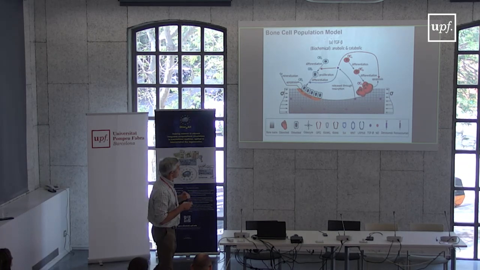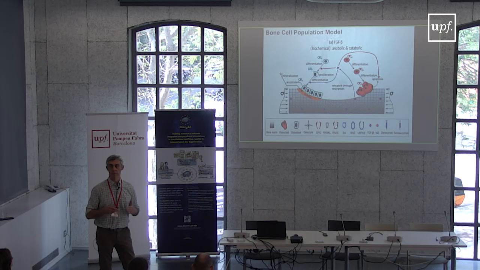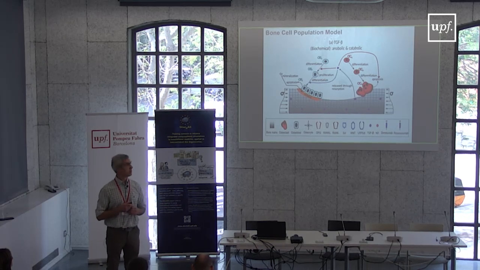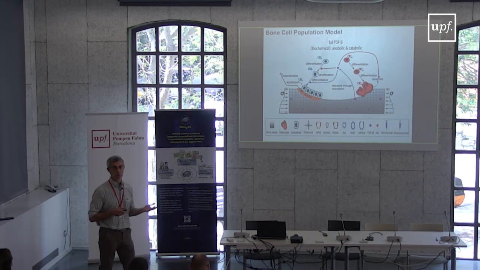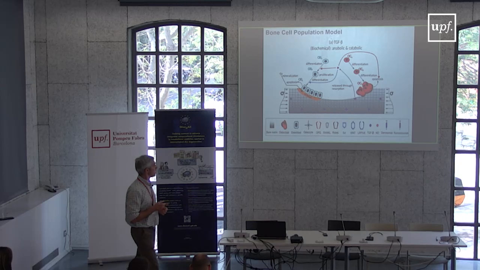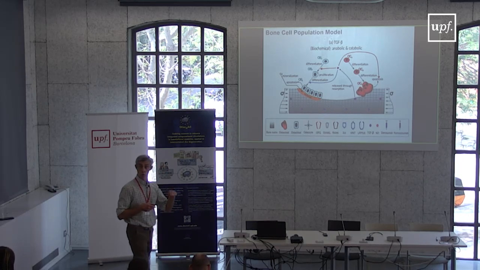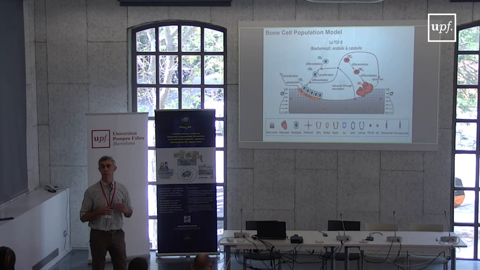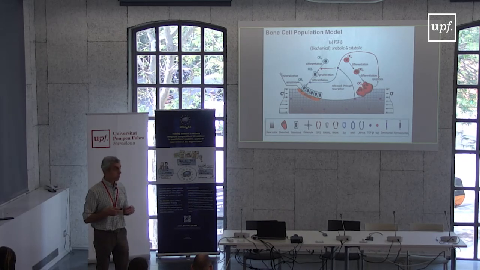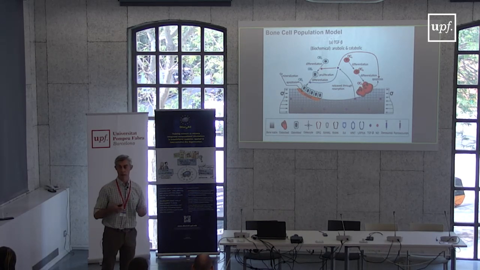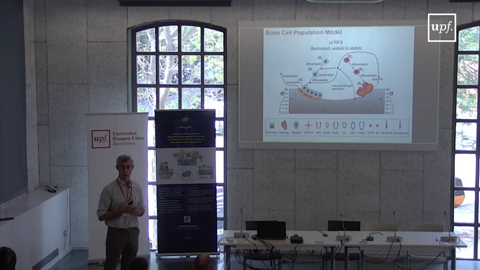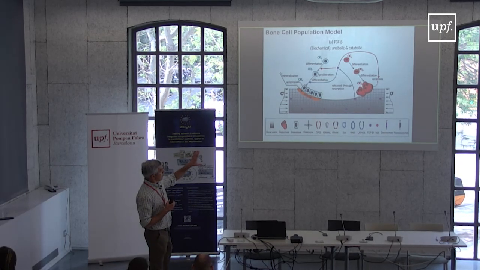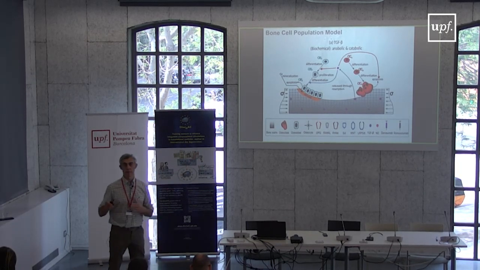And here you can see that there are many biochemical factors involved in the process. For example, TGF-beta, which is a transforming growth factor. It is stored in the bone matrix, and it is released from the bone matrix by resorption. So osteoclasts are releasing that cytokine, and it causes several things.